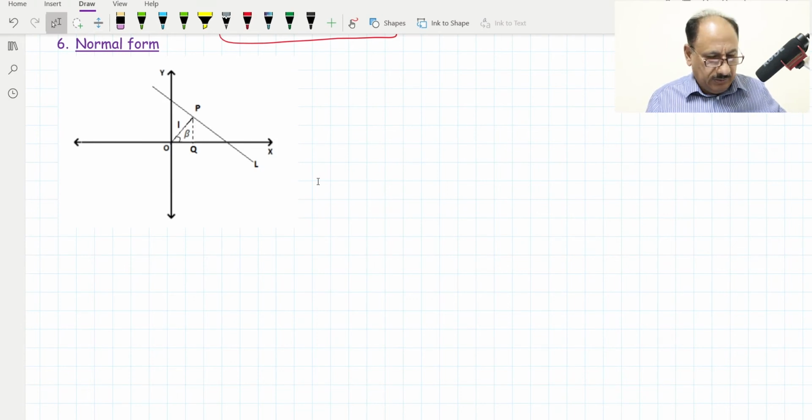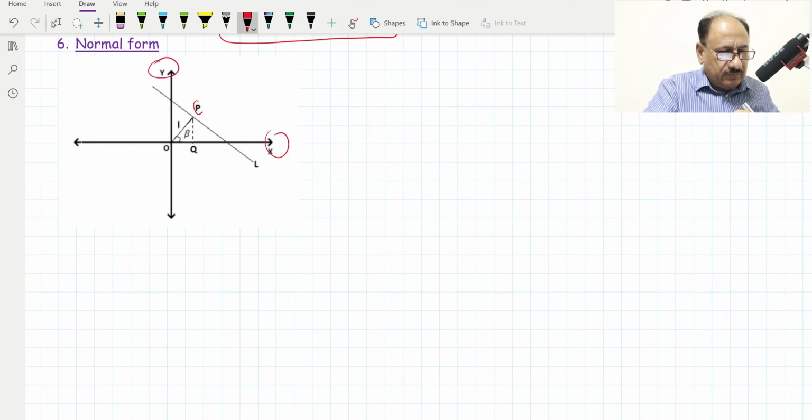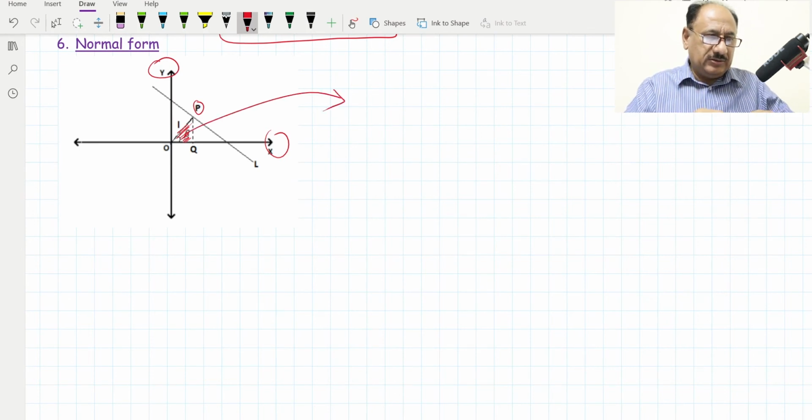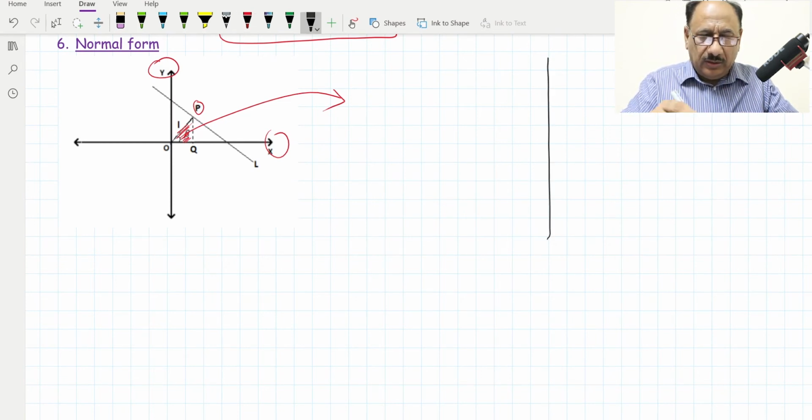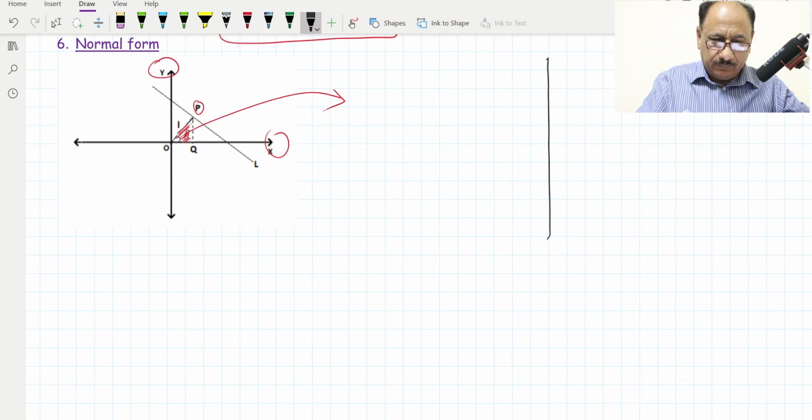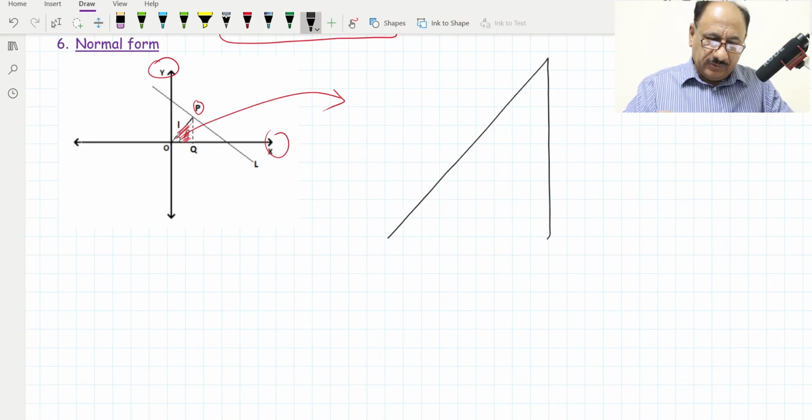So a coordinate axis is provided, which is the x-axis and y-axis, and this is point P, and OP is the line which is perpendicular to line L. And if I draw this smaller triangle, I am drawing it in a bigger format. So this will be the triangle, like for example this one.